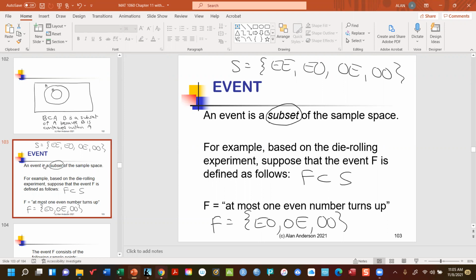So remember, each one of these we've defined as being equally likely. That makes things a lot simpler for us because the probability of F is equal to the probability of getting EO or OE or OO. And since each one of these has a probability of 1/4, we simply add them up and we get either 0.75 or 3/4.